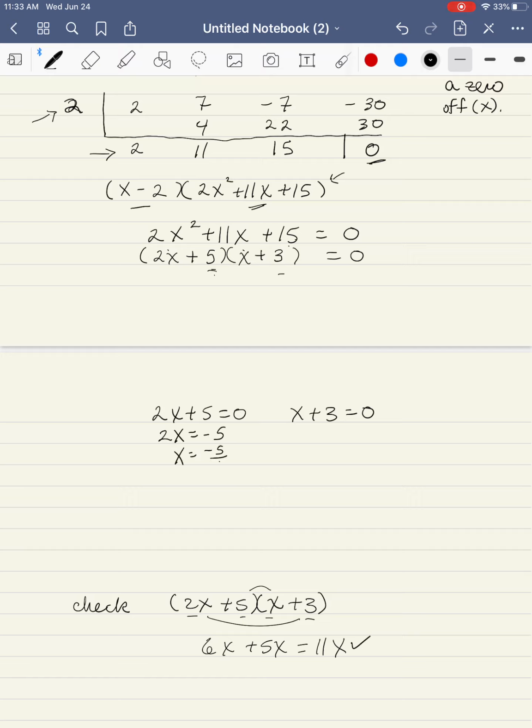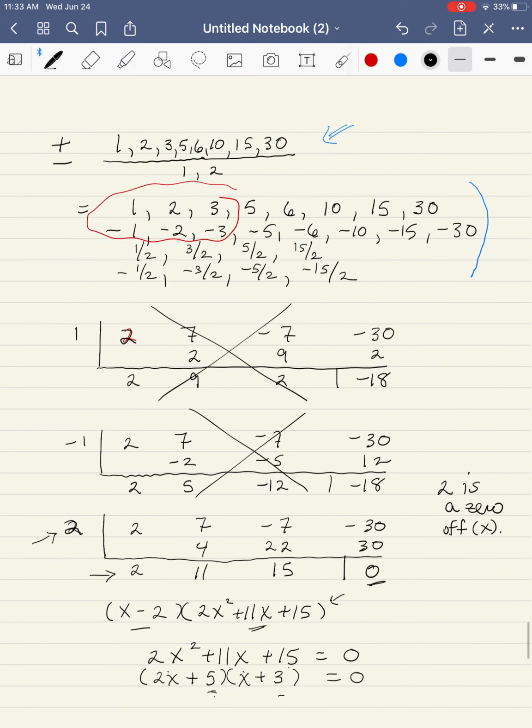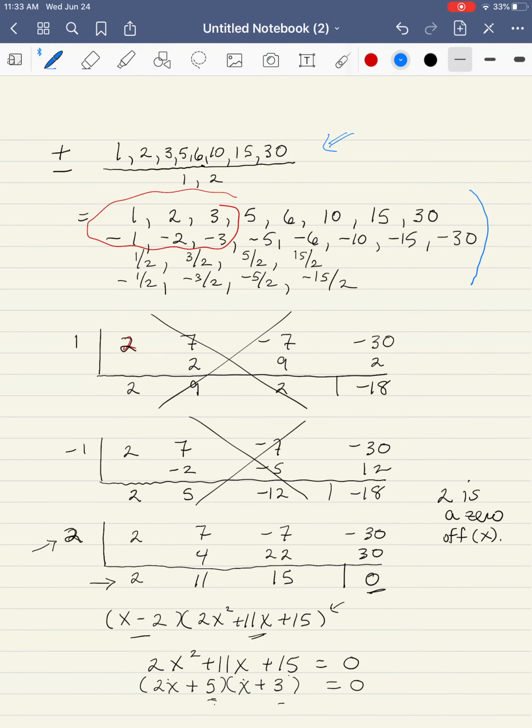Then I set each factor equal to 0 and solve for x. And those are my last 2 zeros. So if I list my zeros, it turned out in this one that all of my zeros were rational numbers. 2, -5/2, and -3.